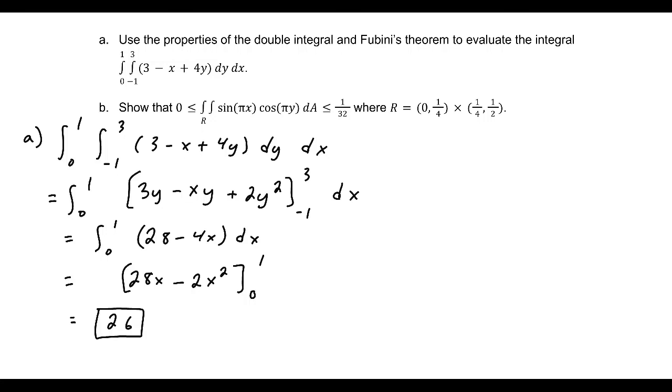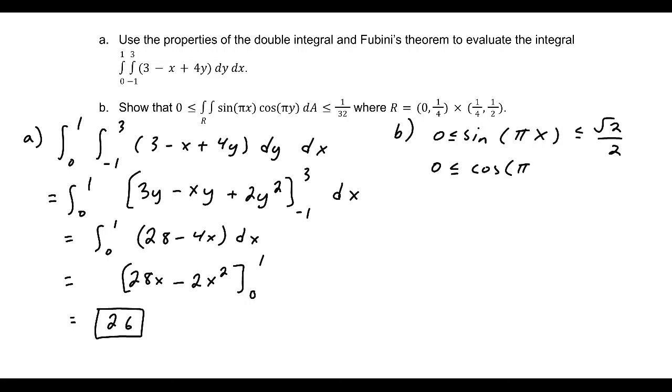Now, looking at the x values, 0 to 1/4, and the y values, 1/4 to 1/2, we need to notice that sine(πx) is bounded between 0 and square root of 2 over 2. Similarly, cosine(πy) is bounded by 0 and the square root of 2 over 2.